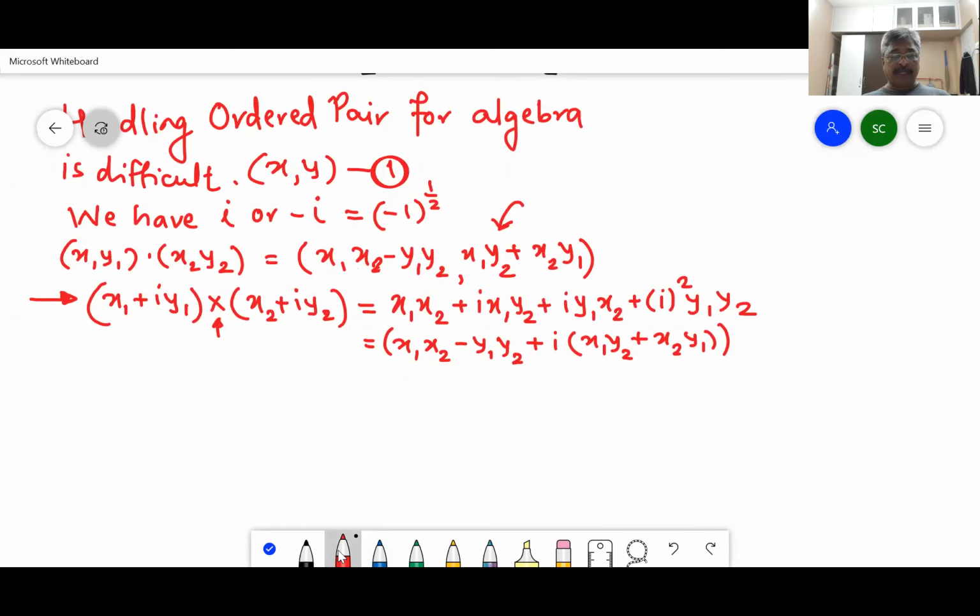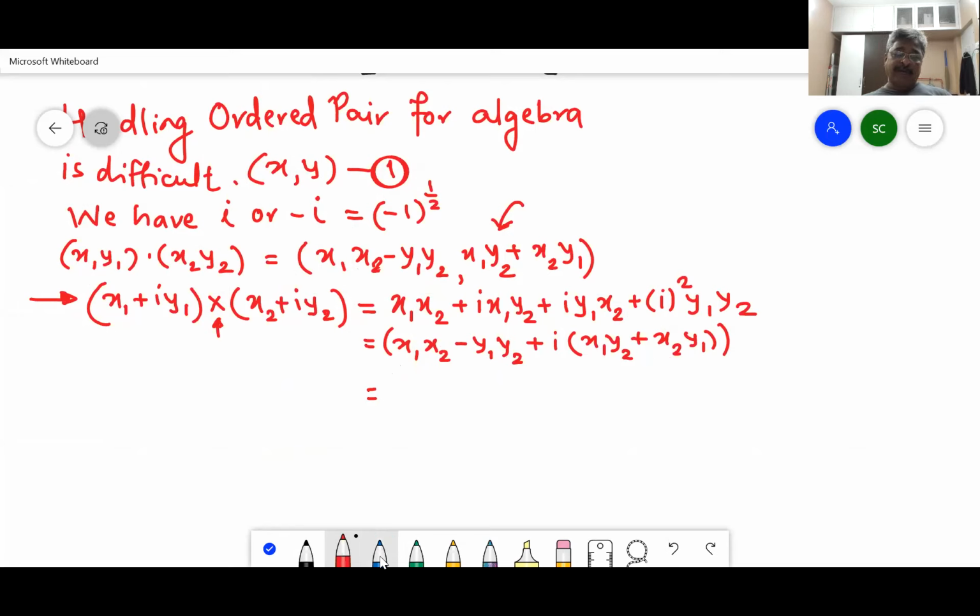Now you will be surprised to know that if x1 plus i y1 was a representation of x1 comma y1, then x1 x2 minus y1 y2 is the part which is without i, and x1 y2 plus x2 y1 is the part which is with i.